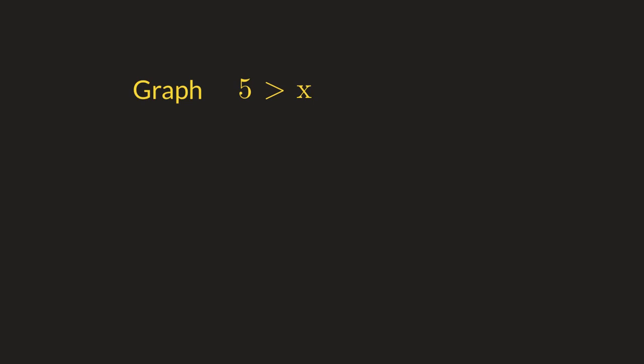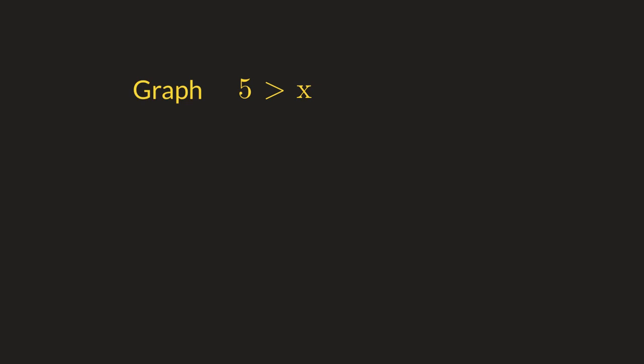Let's go to this one. Now, what do you notice? What's different about this one? It's reversed, okay? Guys, remember, try to read these from the variable to the number. We're going to have a lot of people that look at this and say 5 is greater than x.